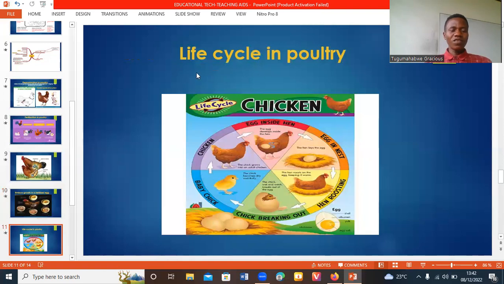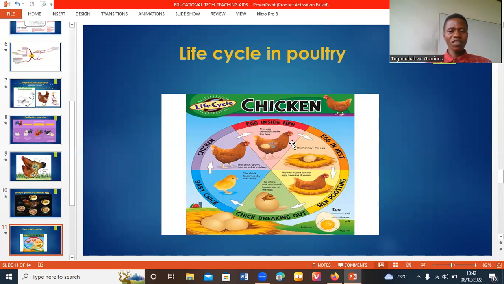Going to the next, it is showing the life cycle in poultry, and this is also a kind of mind map. It is a mind map showing how the process of growth takes place. An egg is inside.